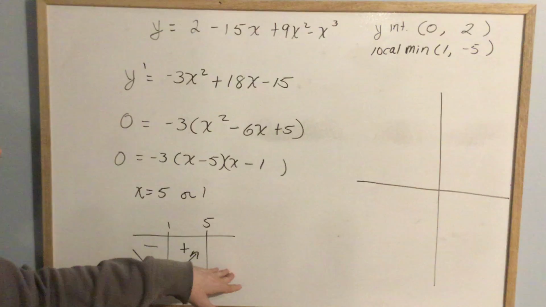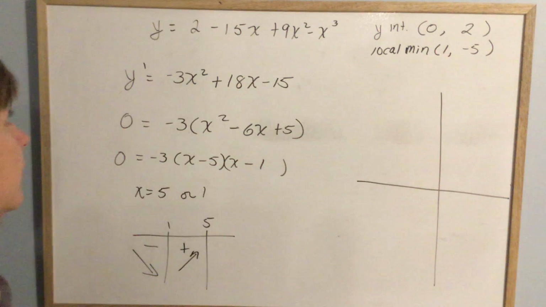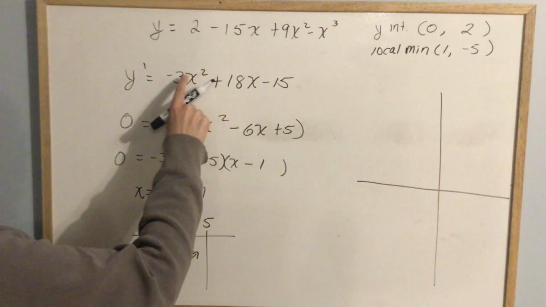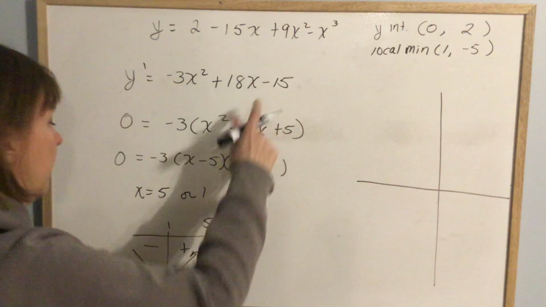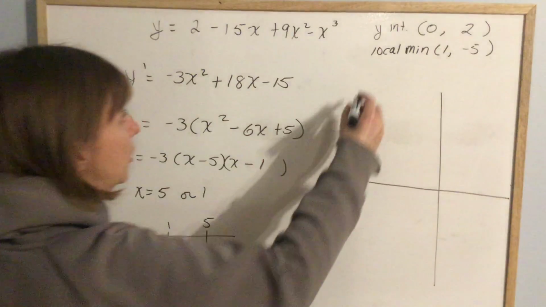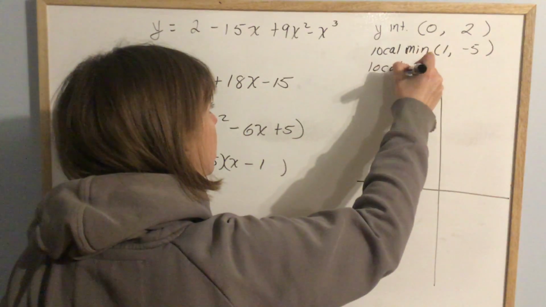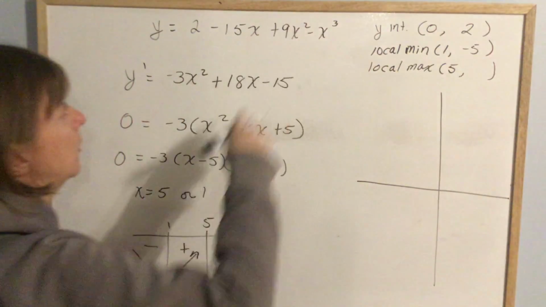Now I need to pick a number bigger than 5, put it back in here and see what I get. Any number bigger than 5, I'm going to choose 10. 10 squared is 100, so that's negative 300 plus 180 minus 15. It's going to give me a negative, so it's going to decrease. So I have a local maximum when x is 5. So I'm going to put that in here.